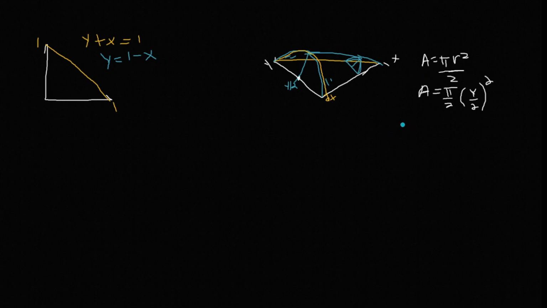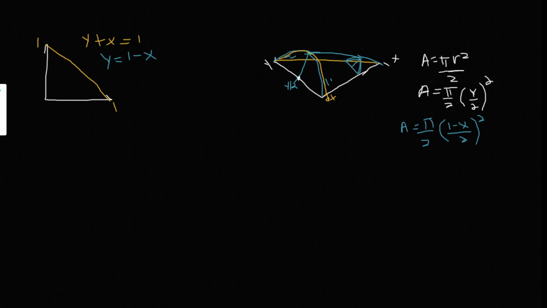Now we can find the area in terms of something we can integrate. So that's pi by 2 times 1 minus x all over 2, and all of that whole quantity is squared.